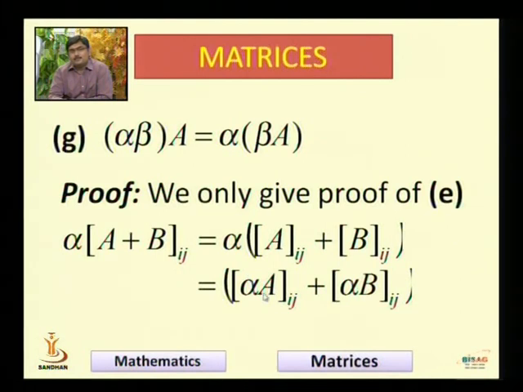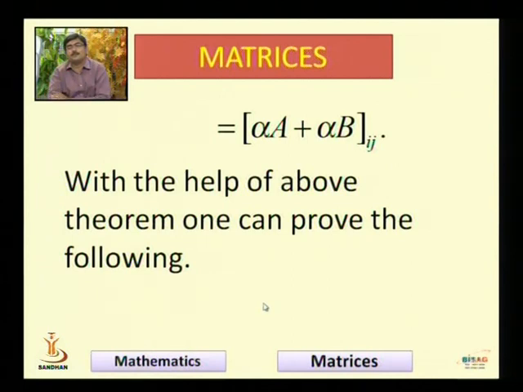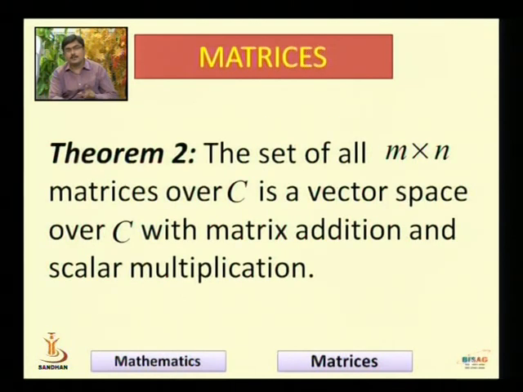So, from this step to this step I have come because it is the basic definition of scalar multiplication, and this gives me the information that alpha times (A plus B) is equal to alpha A plus alpha B. So, similarly you can prove the rest of the results.